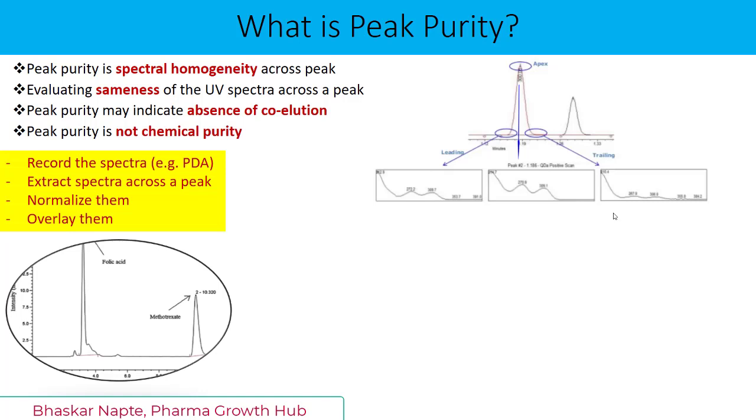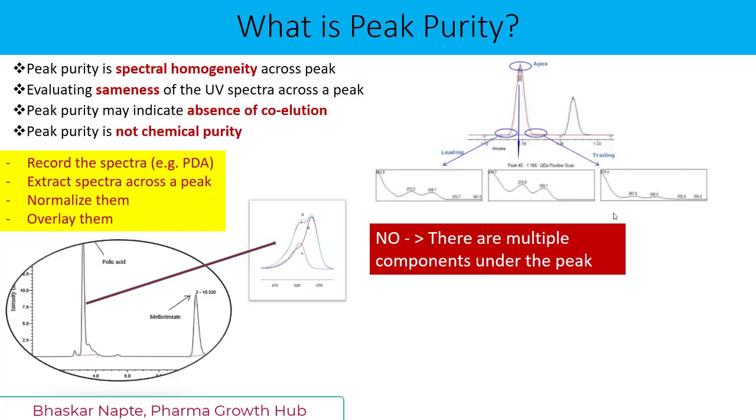There are two peaks in the given chromatogram, and if you look at the first peak, which belongs to folic acid, this is the spectra across the peak. Do you think that these UV spectra are homogeneous? It looks to be not homogeneous, right?